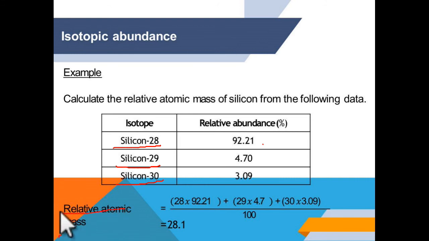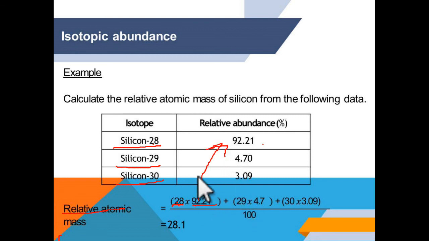It's very easy, guys. As you can see, this is your molar mass, this is isotope 28, the nucleon number, and this is the percentage. Remember, this is your relative atomic mass, and this is your percentage from the one given over here.